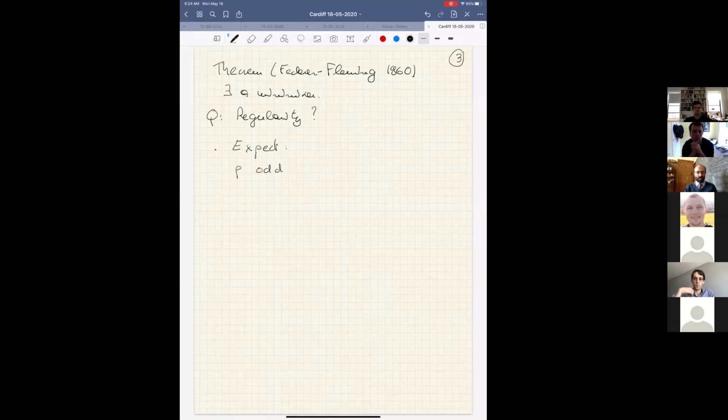In P odd, what you're expecting is that you have chunks of surfaces which are orientable. For instance, this would be mod 3. So here you have orientable, locally area minimizing surfaces, so orientable minimal surfaces.